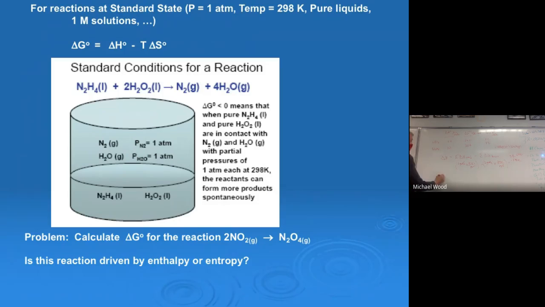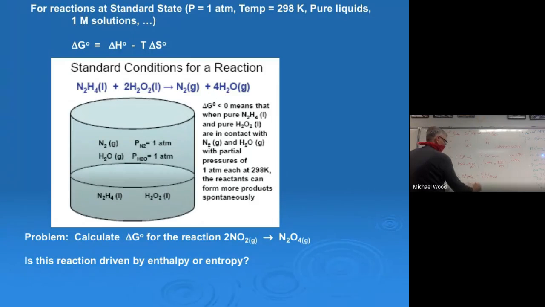Okay, now let's do delta S. It's going to be the same thing. It's going to be the sum of the delta S of the products minus the sum of the delta S of the reactants. So again, I need the table values. So I've got the N2O4, so I've got 1 mole times 304.